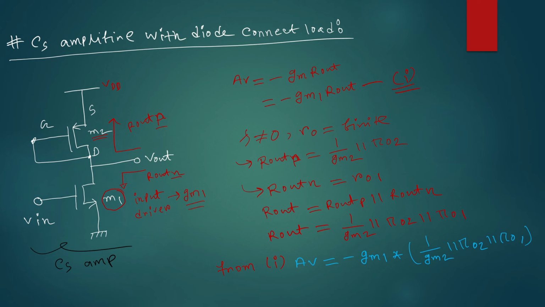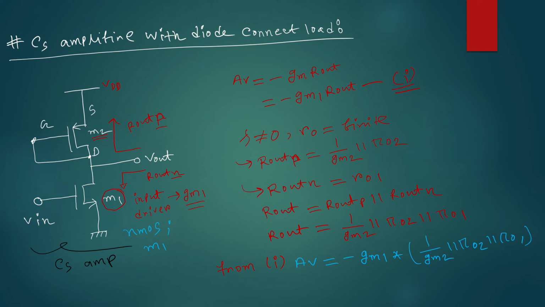Basically this is the voltage gain equation of this common source amplifier with diode connected load. In this case, your input device is NMOS, and your driver MOSFET is M1.